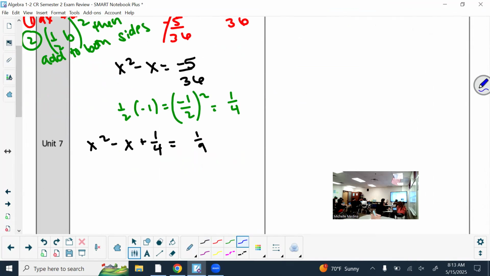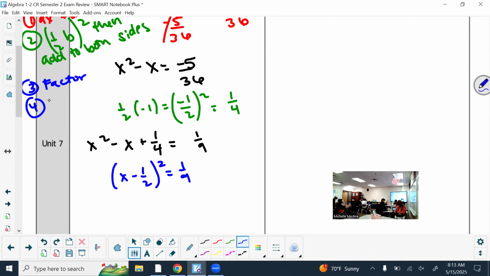Third step is to factor. And this is a perfect square. That's what completing the square means. It really should just be whatever half of b was. So when we did half of b, it was -1/2. It should be x minus 1/2 in parentheses squared equals 1/9.